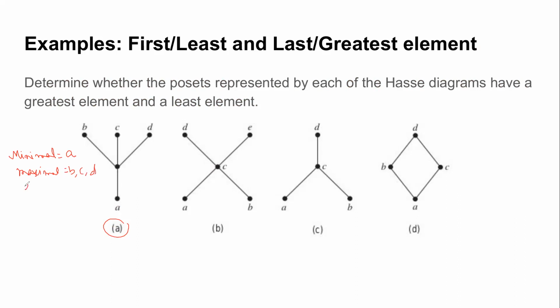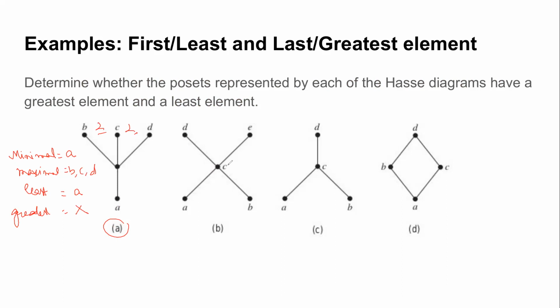Does the least element exist? It's A, right? And does the greatest element exist? Greatest element means all elements in that set exceed it. No. Why? Because there are three which are incomparable. There's no relation between B, C, and D, right?